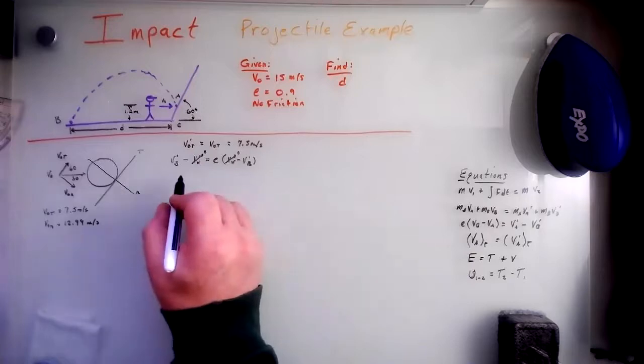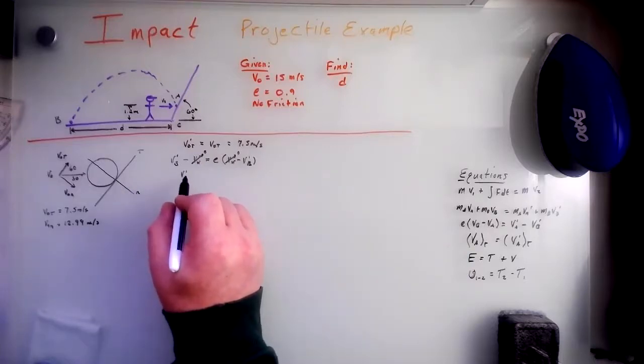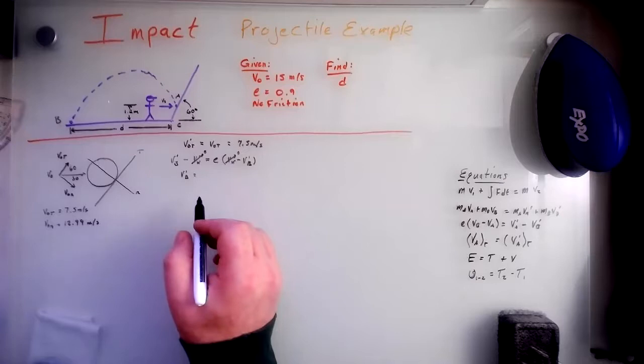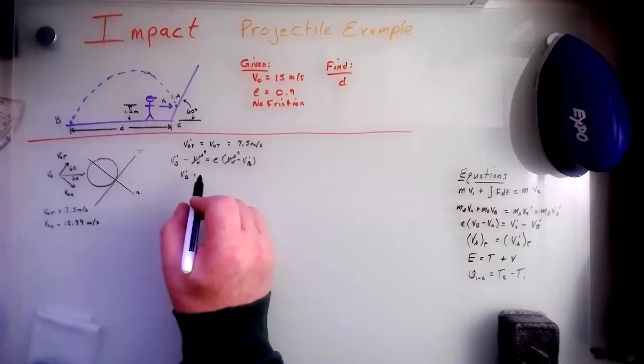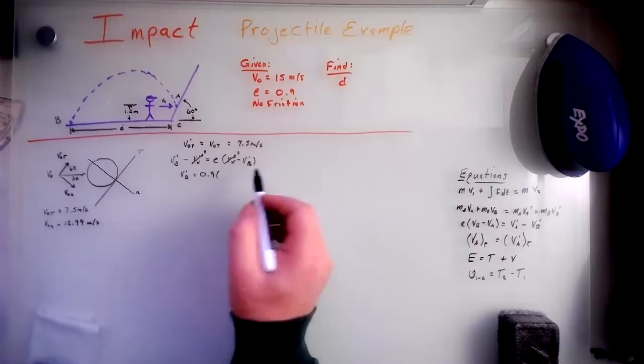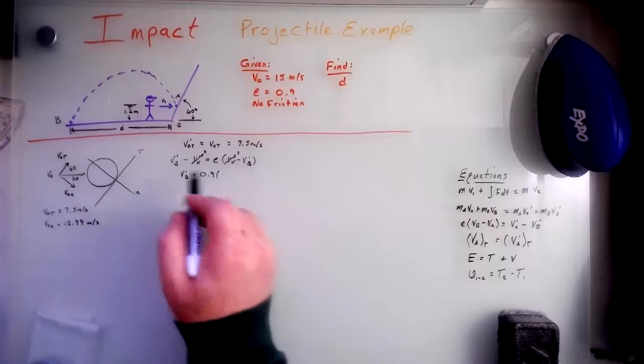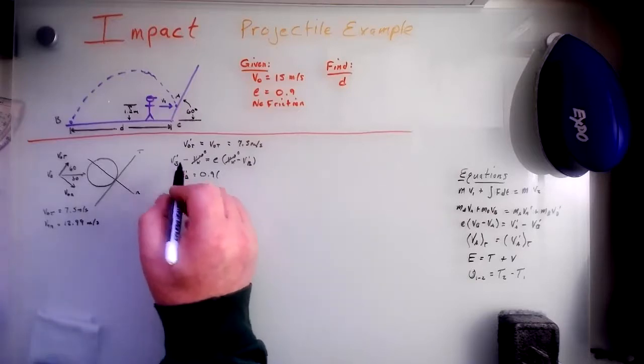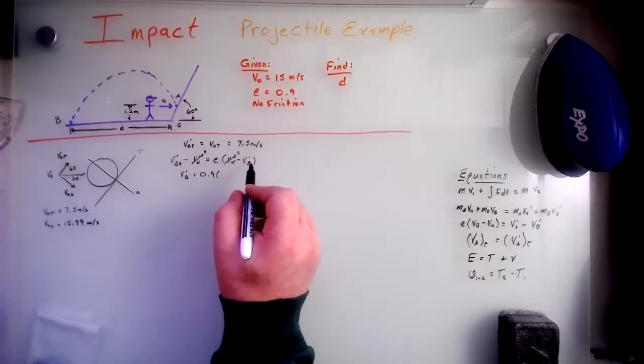So V prime of the ball is E, which is 0.9, times V naught, and by the way, these are in the normal directions.